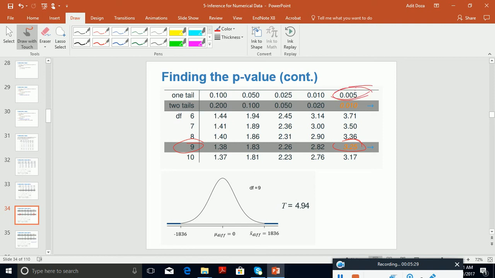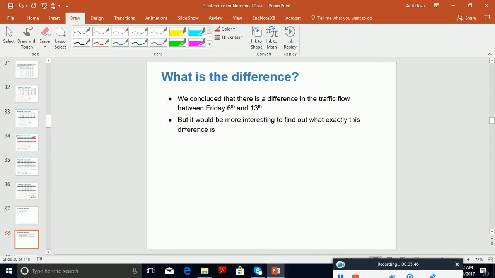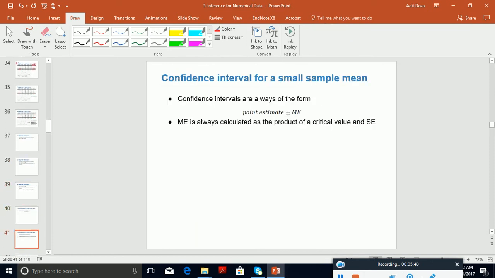The corresponding p-value is 0.05 for one tail, and for two tail it would be 0.010. That p-value is also important for the exam if I tell you to find it.